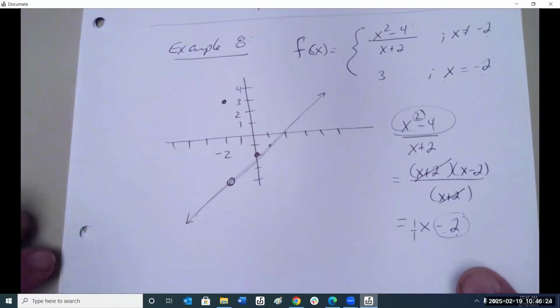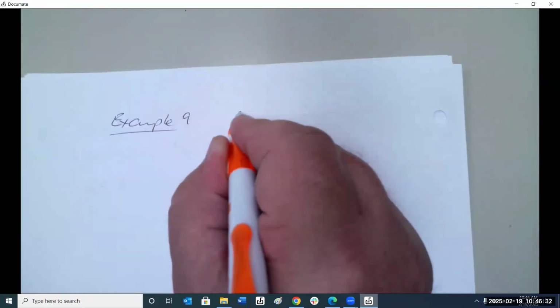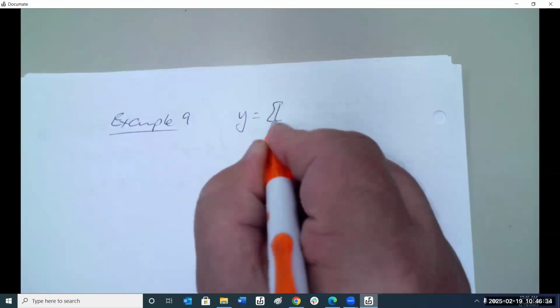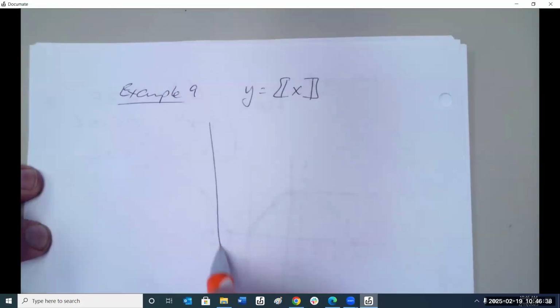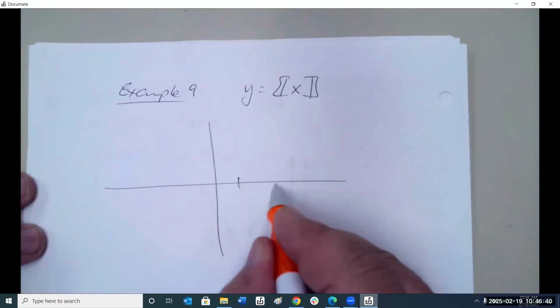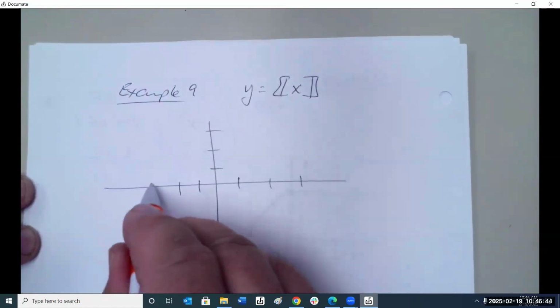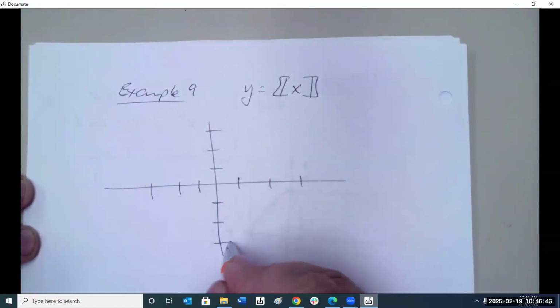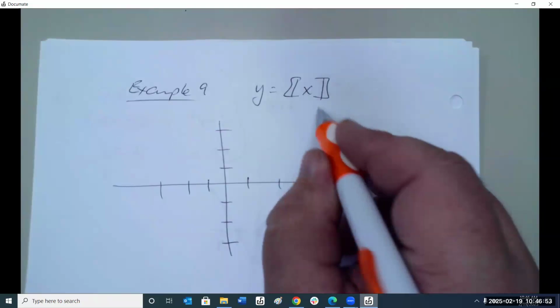Remember the greatest integer function? This is the last one we'll do today. The greatest integer function. Remember that from the library of functions? This one means greatest integer.